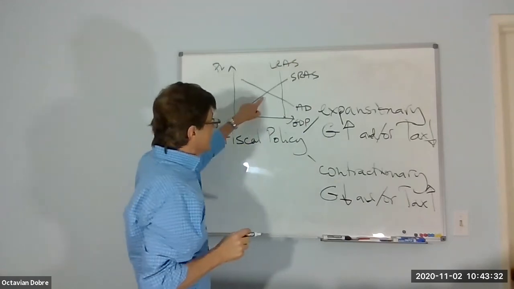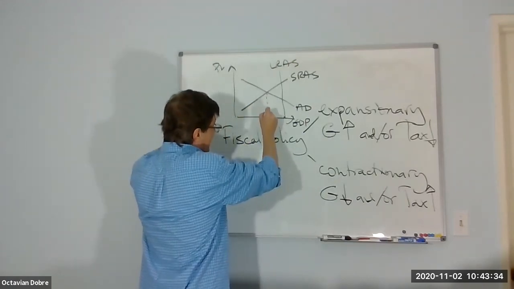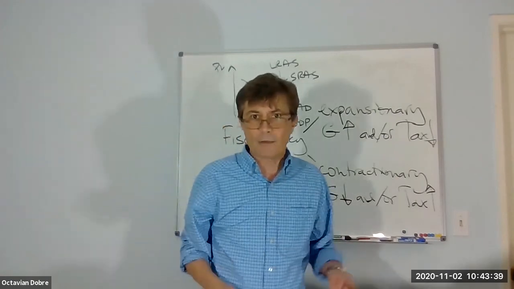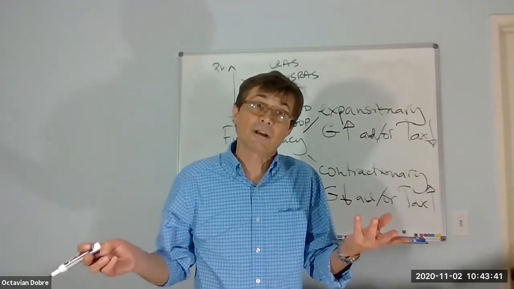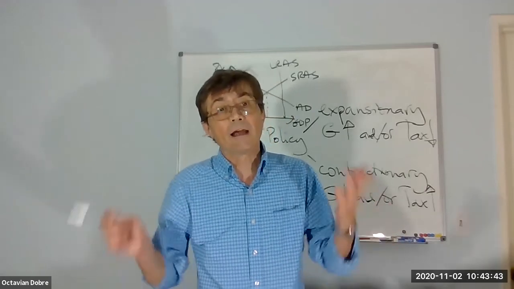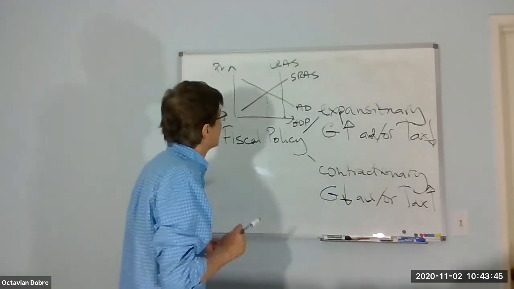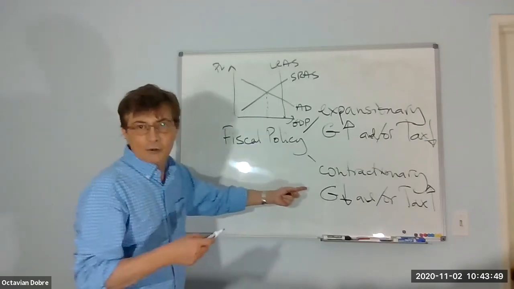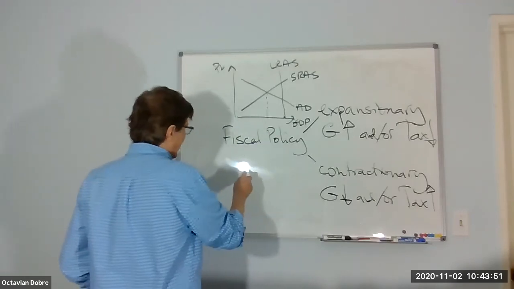In other words, the economy is operating below full employment. So we have a recession because we're not operating at full employment. So that's when you're going to pursue an expansionary policy. When are you going to pursue a contractionary policy? When we have the following situation.